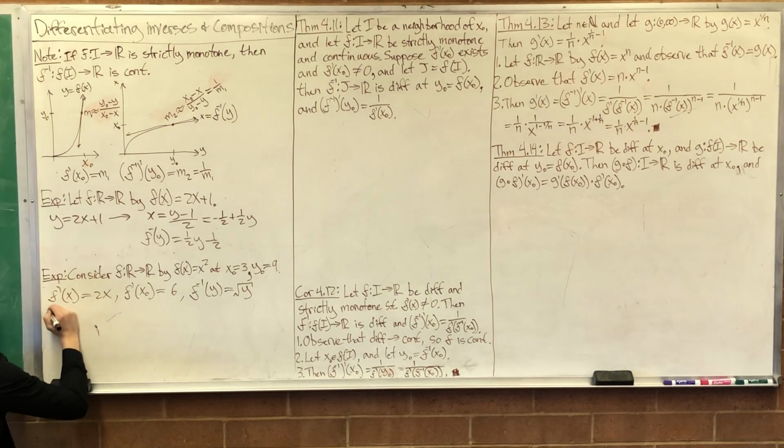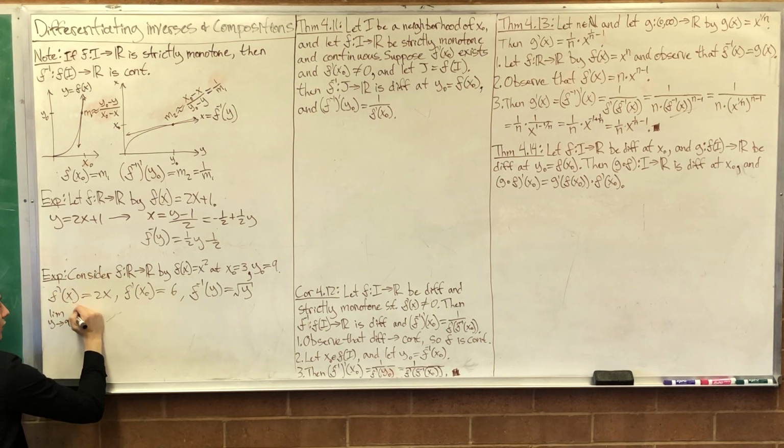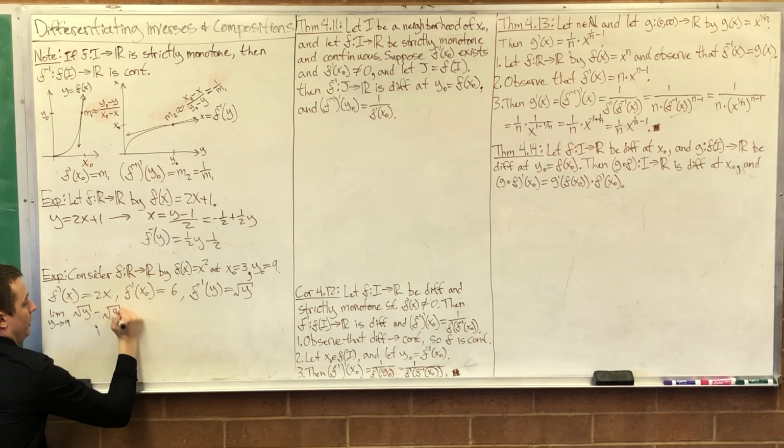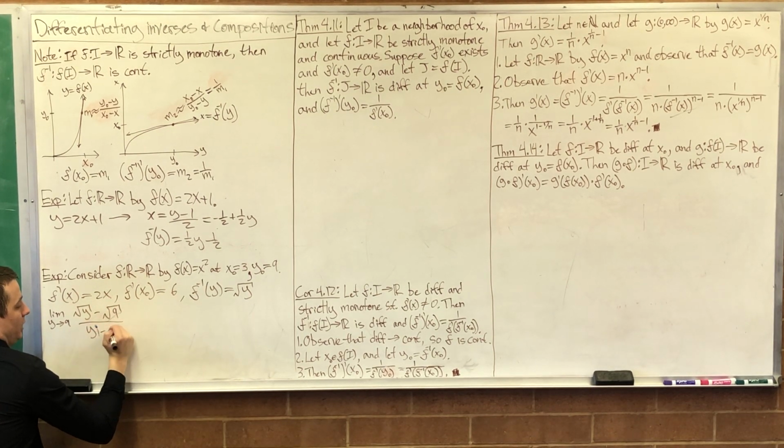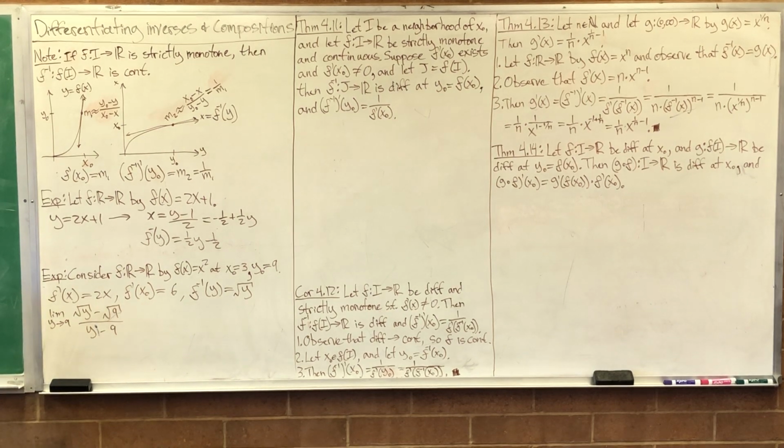So what are we looking for? We're looking for the limit as y approaches y naught, or 9, of the square root of y minus the square root of 9, all over y minus 9, right? That's what we're trying to solve, and we better get 1/6, otherwise we did something wrong.